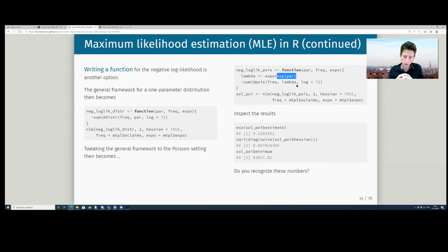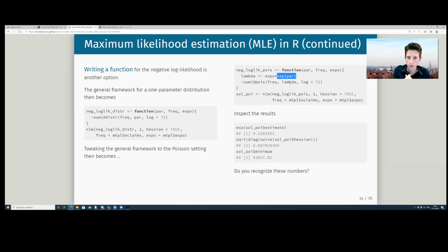Then we can optimize the function over the unknown parameter par without bothering about any constrained optimization. If you would directly try to optimize the lambda, you would need to work with a constrained optimization, because you need to take into account that lambda should always be positive. By going through this clever transformation, we make sure that lambda in the end takes a positive value.